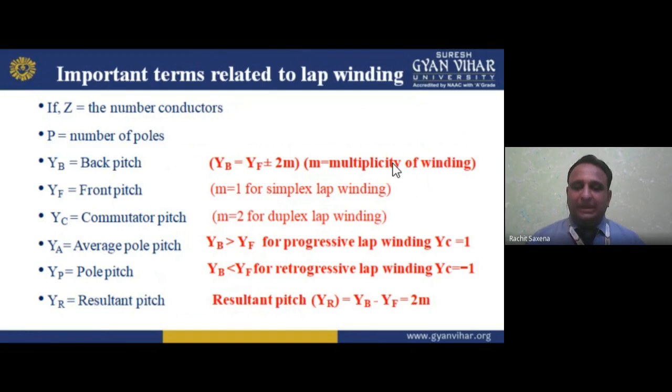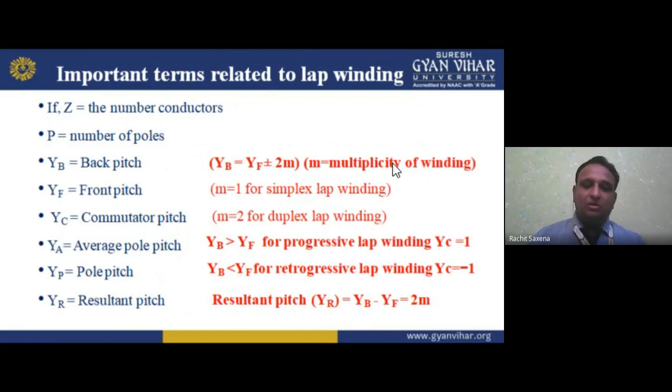YB, the back pitch, is greater than the front pitch for progressive lap winding, where YC equals 1, meaning commutator pitch is equal to 1. YB is less than YF, back pitch less than the front pitch, for retrogressive lap winding, where YC equals minus 1.